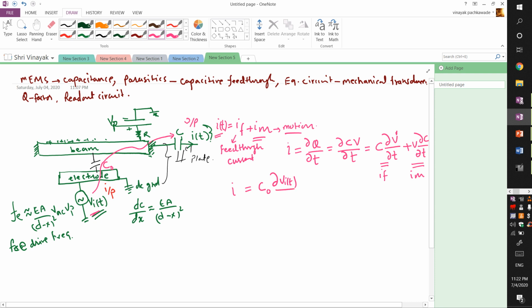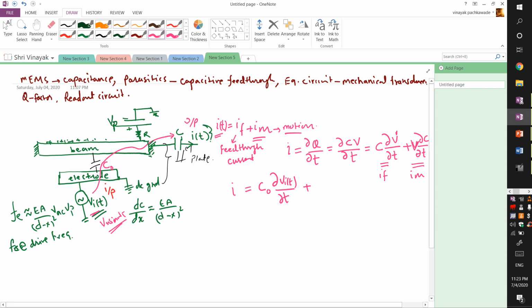So it may be a Vm sine omega t, that is an applied AC sine wave with respect to time, plus we can write this Vp, that is because now we have a voltage over here, so we can write the total voltage is V equals Vi plus Vp.